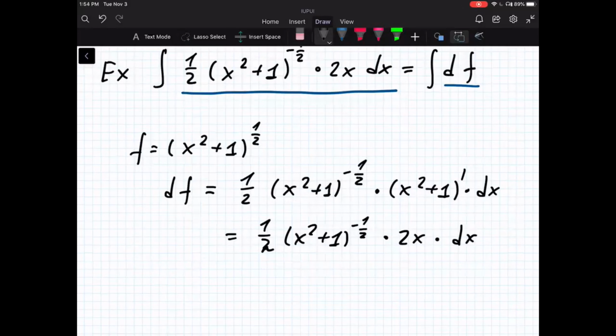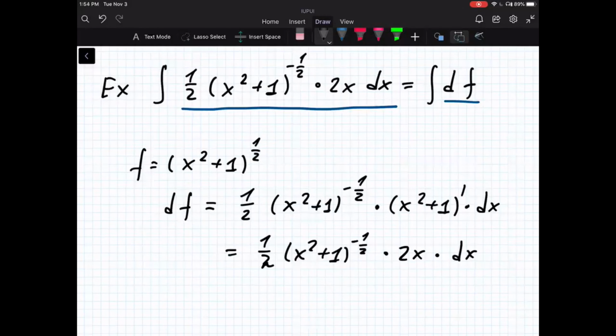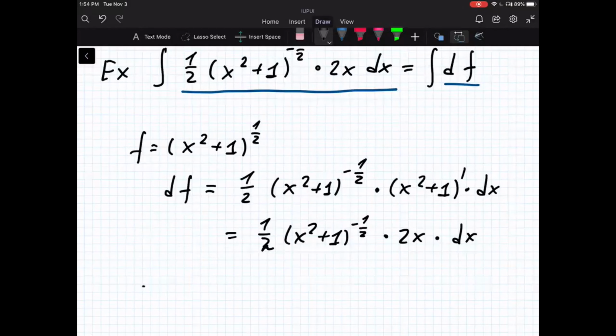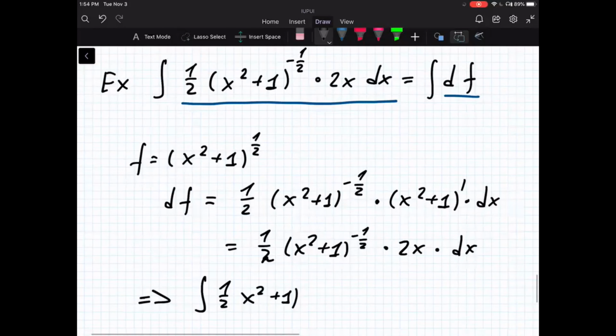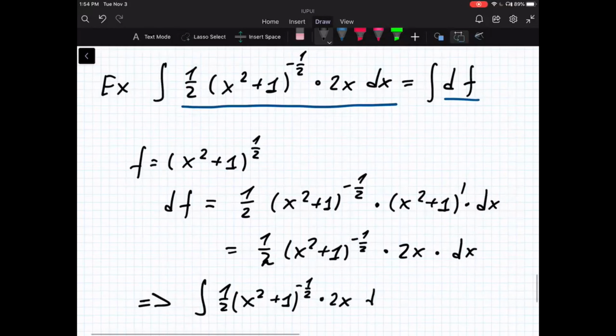So indeed, I found a function such that the integrand is the differential of that function. And thus this integral will be that function itself plus some constant.